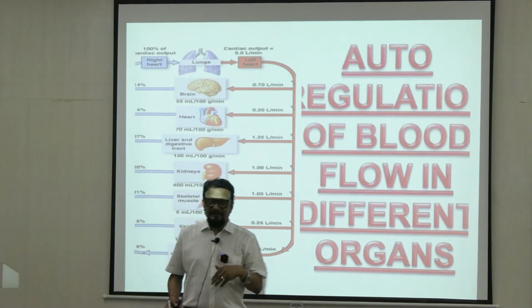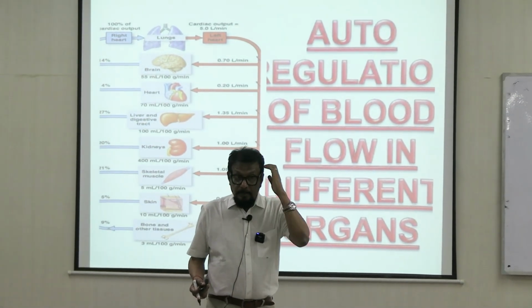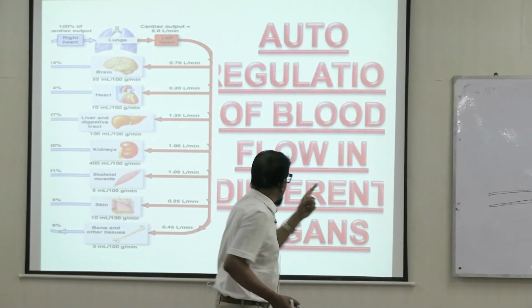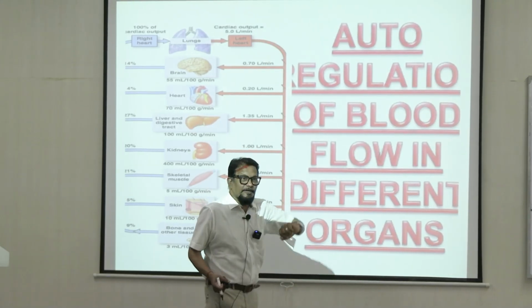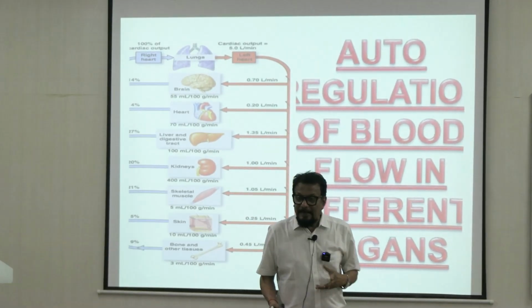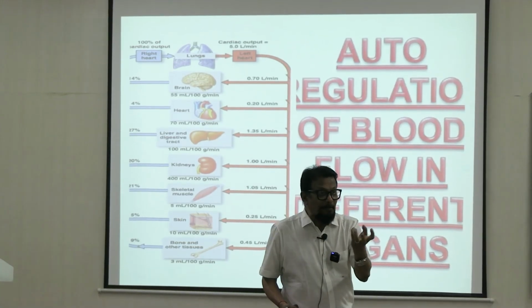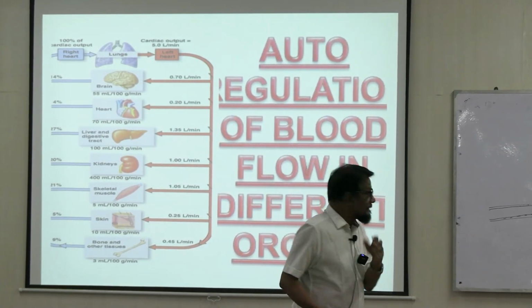Suppose you started exercising or started heavy brain activity, then they will require more blood supply. The supply of 0.70 liter per minute is not adequate, so I have to increase the supply. From where will you get the additional blood?